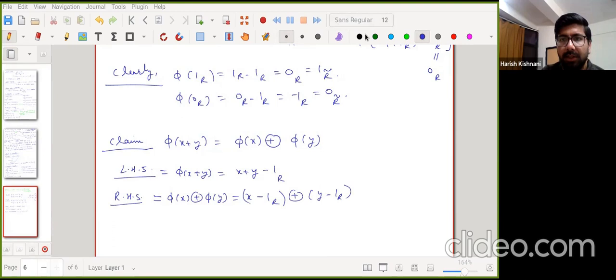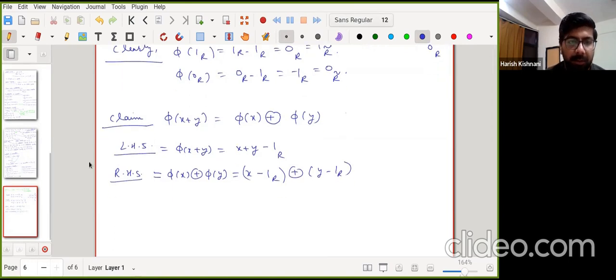I'm just using the definition of the map that we defined. It's not a ring homomorphism yet, but we define the map like that.